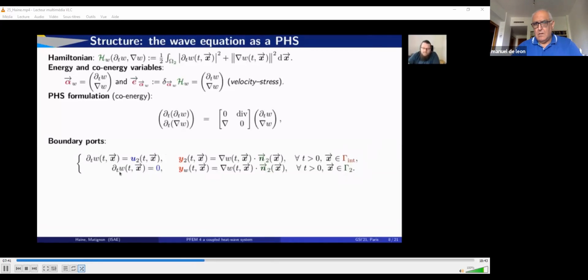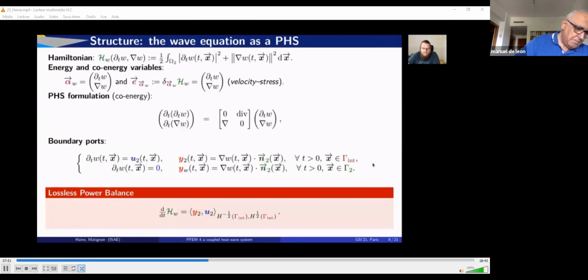And the Dirichlet boundary condition of the membrane has been rewritten as a Dirichlet boundary condition, but for the velocity. And we obtain this lossless power balance that is very classical for hyperbolic systems.